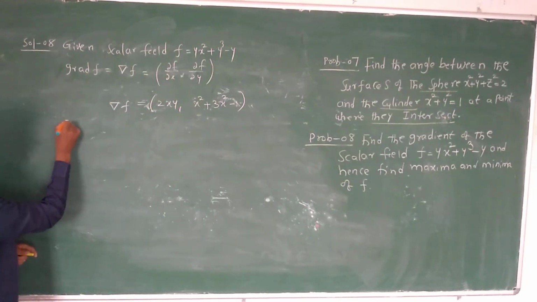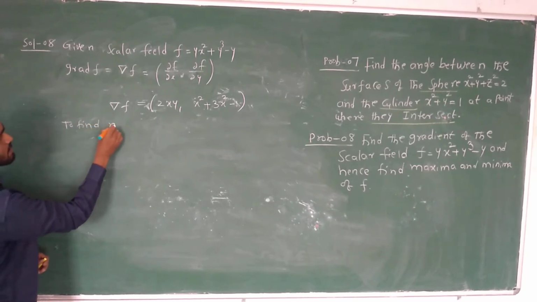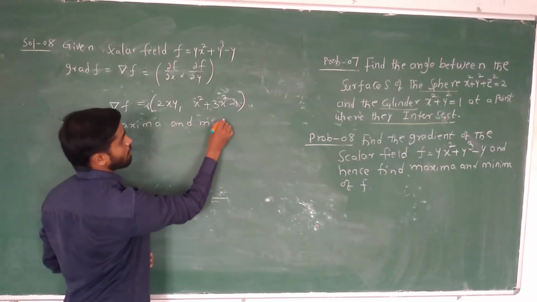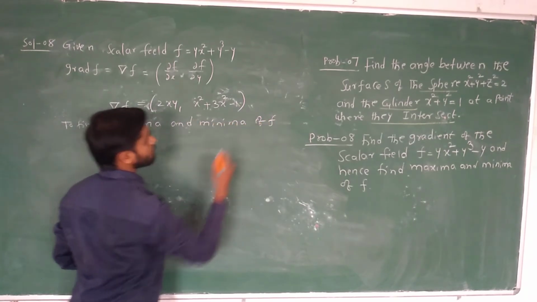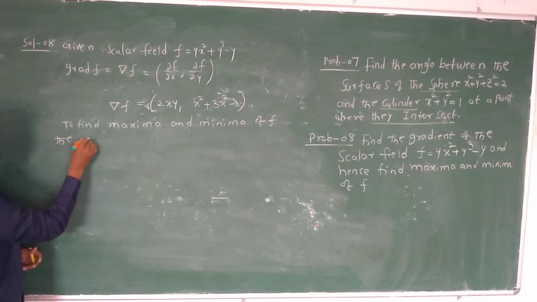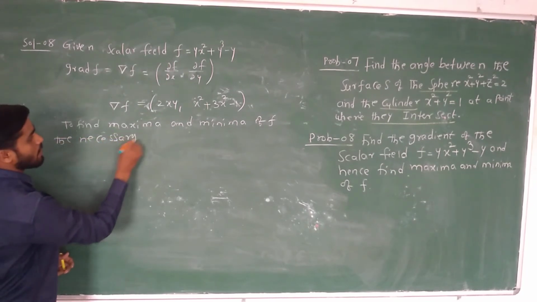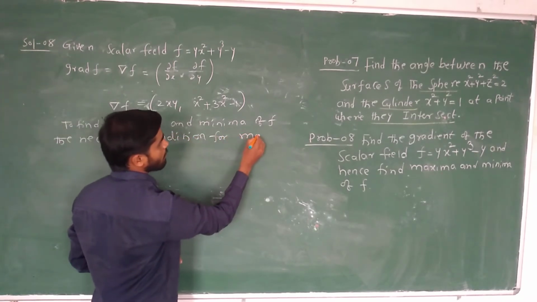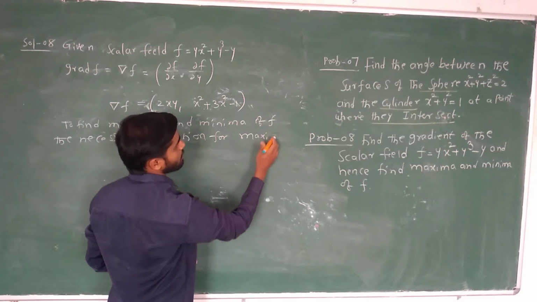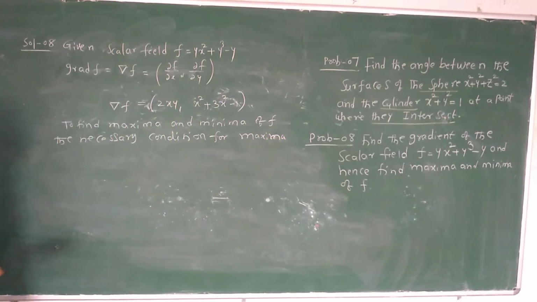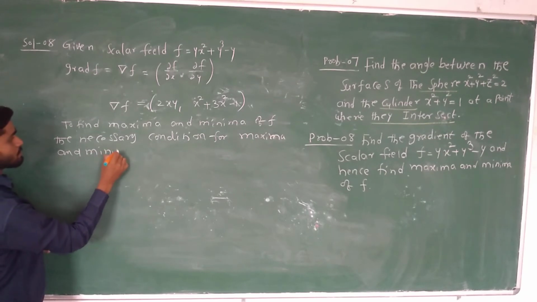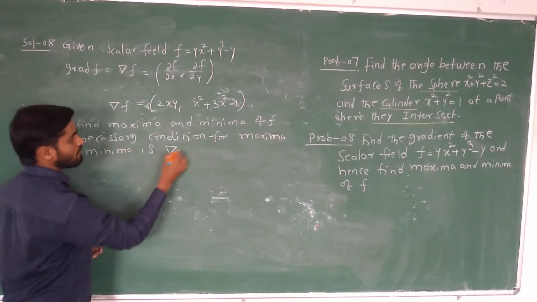So the second part of the solution for 8th question is finding maxima and minima. To find the maxima and minima of f, the necessary condition for maxima and minima is del f equal to 0.